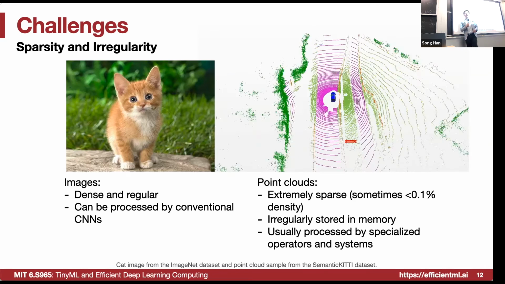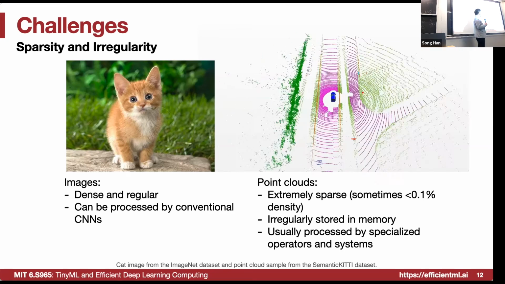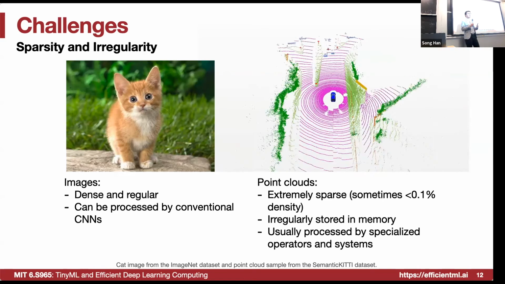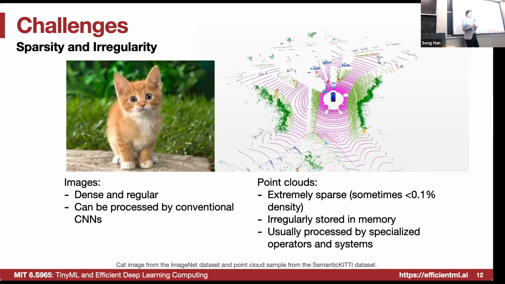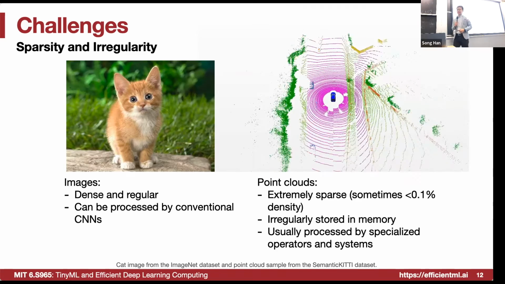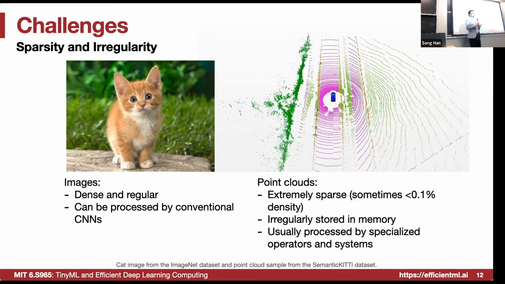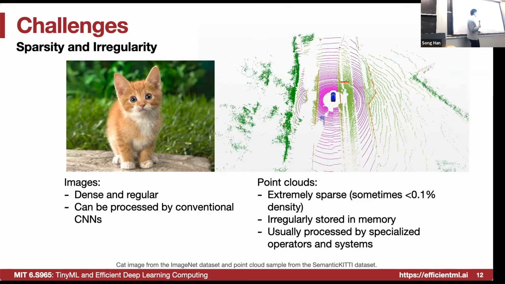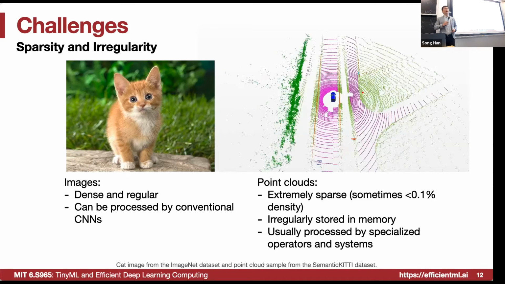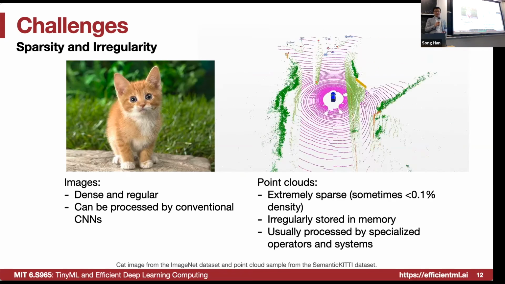So they are not stored like a regular 2D matrix in the memory, but they have to be irregularly stored. Okay? So if they are contiguous in memory, they are not necessarily contiguous in the physical space. And existing kernels and libraries lack the support for such sparse and irregular operations, which is not hardware friendly. Here they require specialized operators and systems to process such sparse and irregular data.